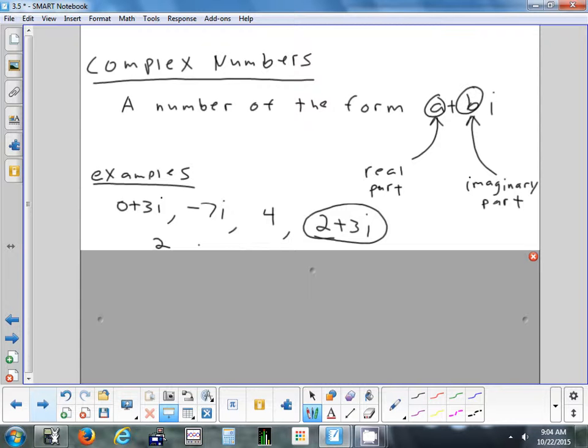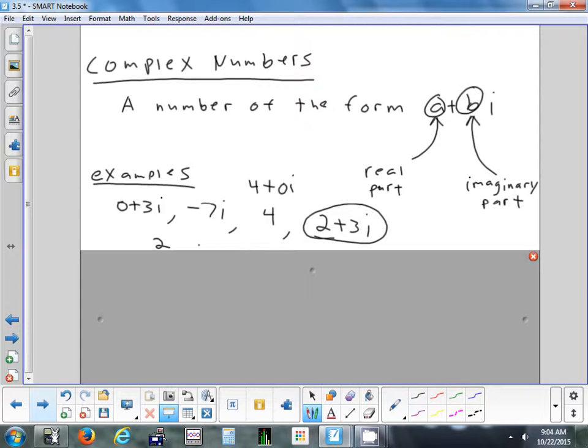What about 4? It has a real part, but it has no imaginary part. So what's the imaginary part here? 0i. Yeah, you could think of it this way. The real part is 4. Imaginary part is 0. We don't normally write it this way. If it's 0, we just don't write it.